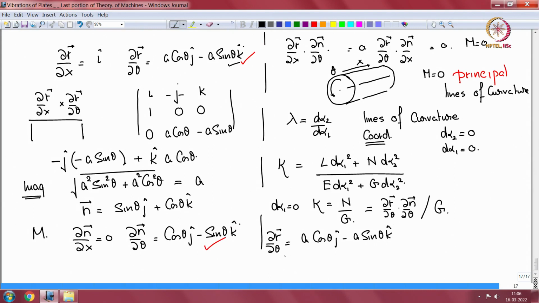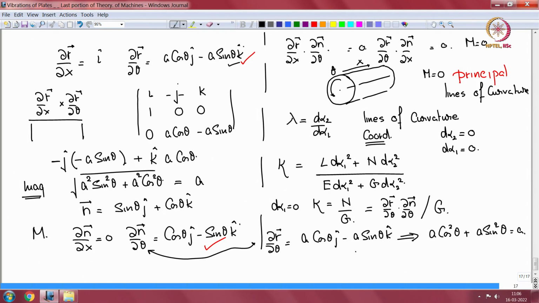The dot product of these two gives me a cos square theta plus a sin square theta, which is equal to a, and G is equal to a squared.